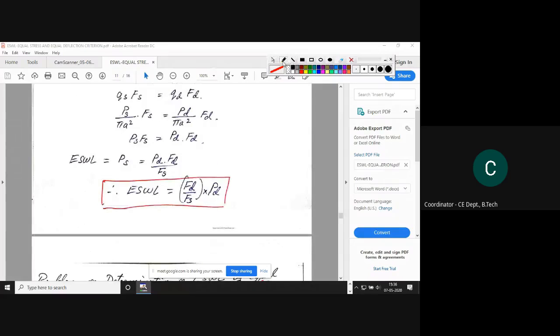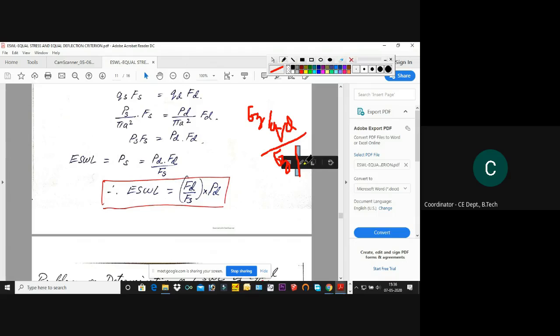Finally, in order to find ESWL, we have to find FD by FS factor now. Okay, that means we have to find this F factor for dual and F factor for single. Similarly, in the above, it was what? Sigma Z by Q for dual and sigma Z by Q for single. Okay.